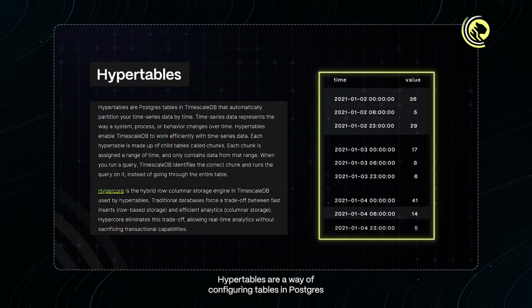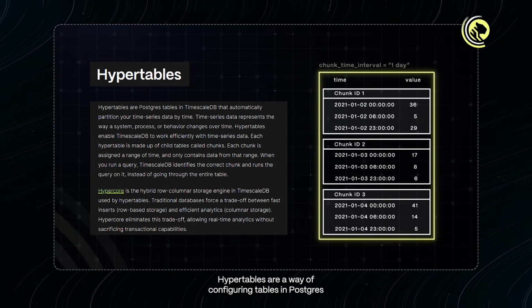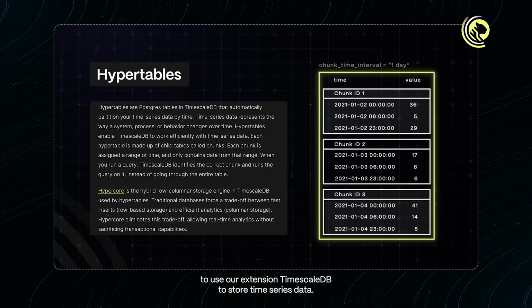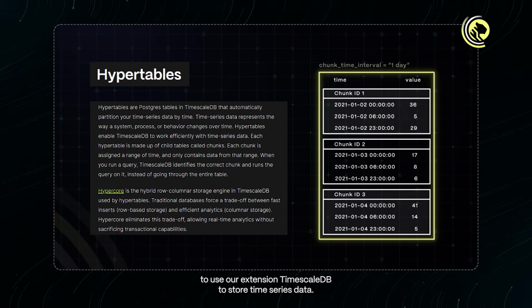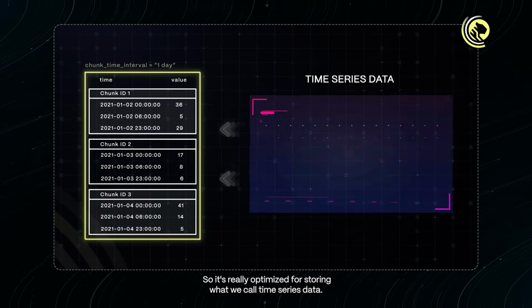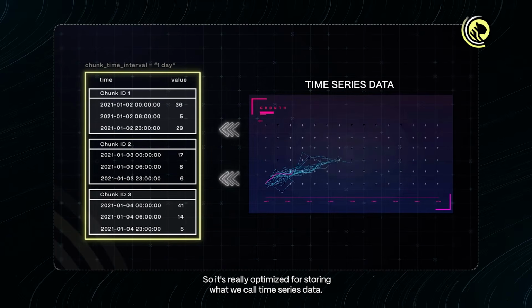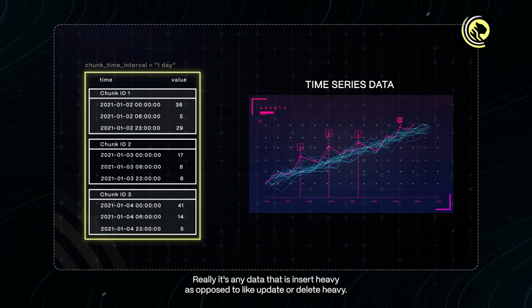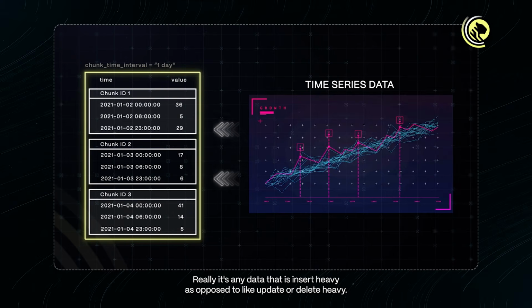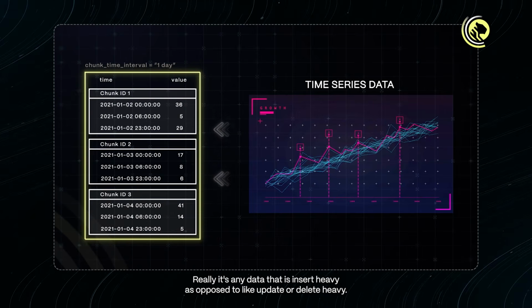Hypertables are a way of configuring tables in Postgres to use our extension TimescaleDB to store time series data. So it's really optimized for storing what we call time series data. Really, it's any data that is insert heavy as opposed to update or delete heavy.